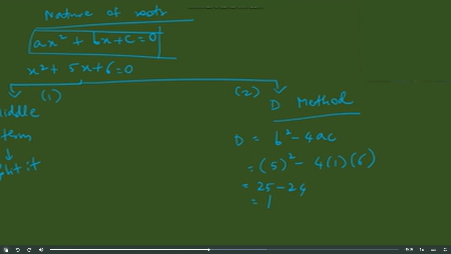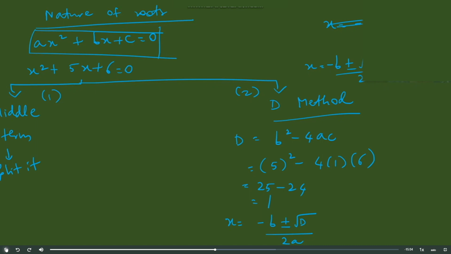Now, once you find this out, you have to solve for the roots using this formula. X is the root. X is equal to minus B plus or minus square root of D by 2A. So actually D is B square minus 4AC. So the X formula is minus B plus or minus square root of B square minus 4AC divided by 2A.